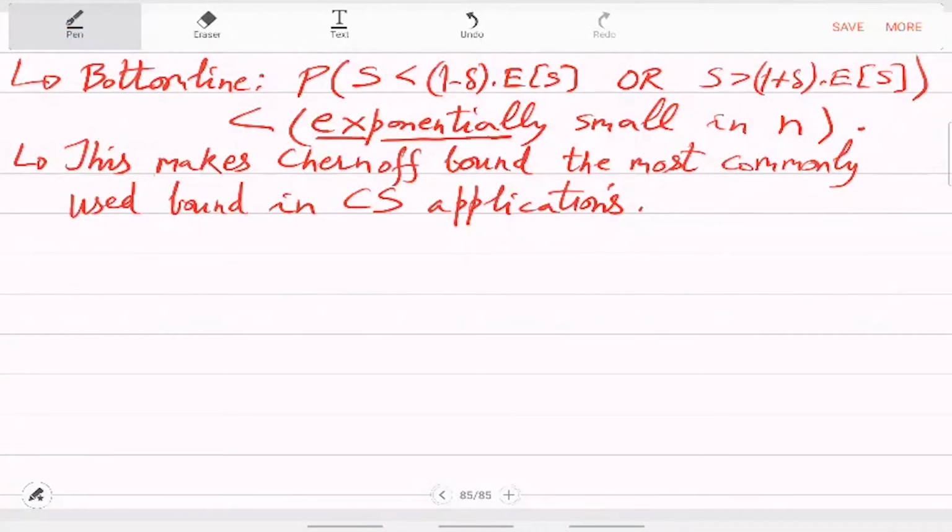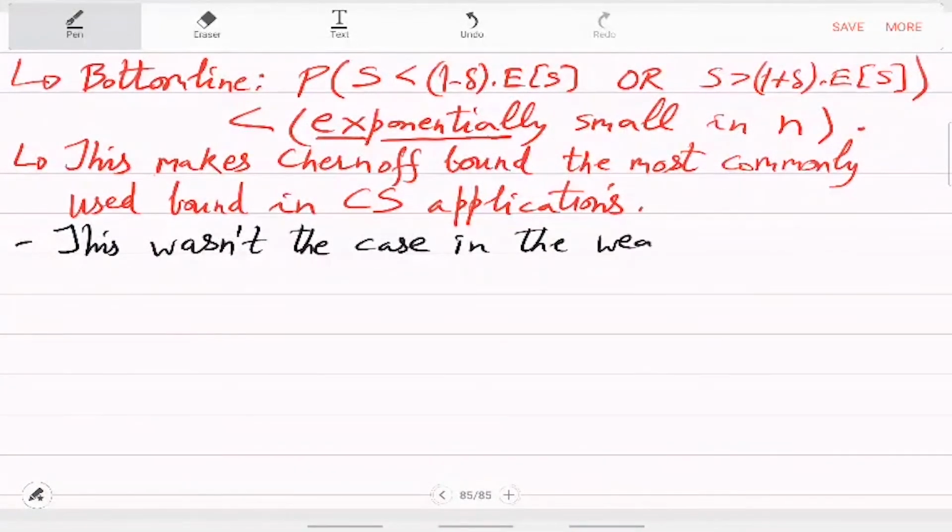One final remark, this wasn't the case with the weak law of large numbers.